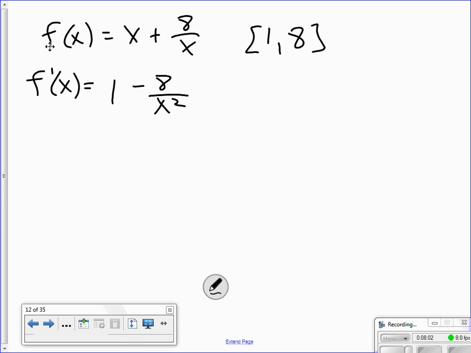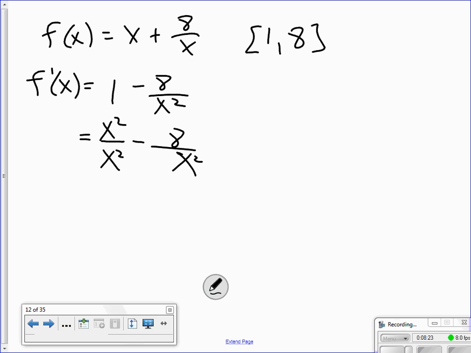Okay, and we want to get the critical values. There are two terms, and one's a fraction, so let's combine them. What would the common denominator be? x squared. If I want to write the 1 over x squared, we multiply by x squared over x squared.